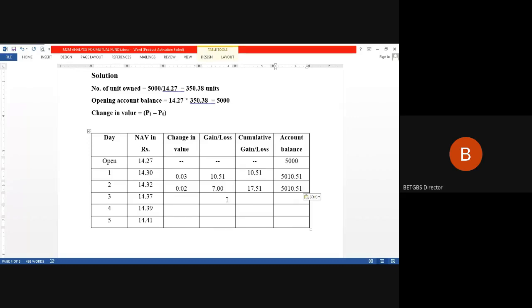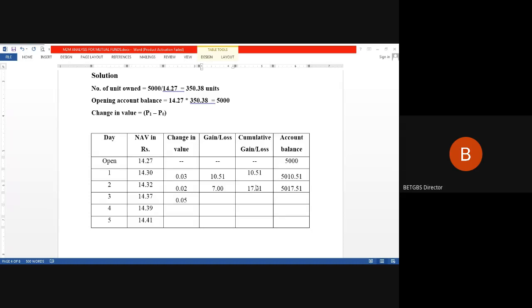Now here the difference is 14.37 minus 14.32, which is 0.05, and we have 350 units, so it is 0.05 into 350.38.